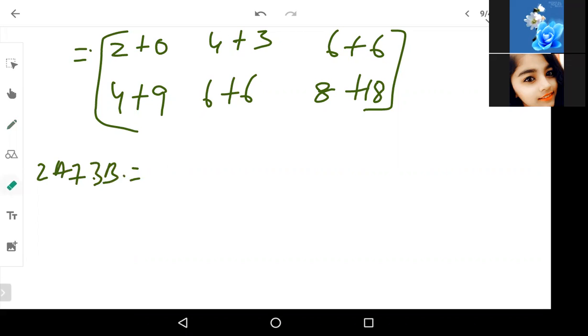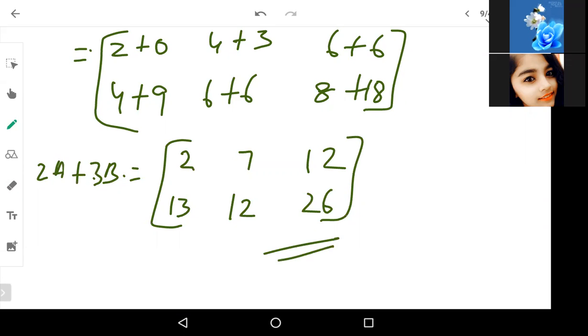Now, your 2A plus 3B is equal to 2 plus 0 is 2, 4 plus 3 is 7, 6 plus 6 is 12, 9 plus 4 is 13, 6 plus 6 is 12, 8 plus 18 is 26. So this is the final answer for 2A plus 3B.